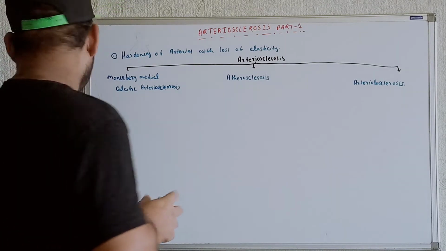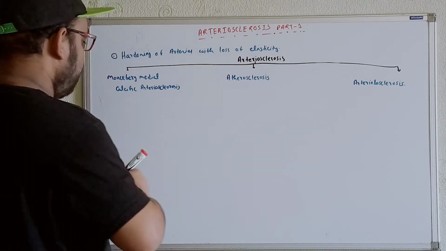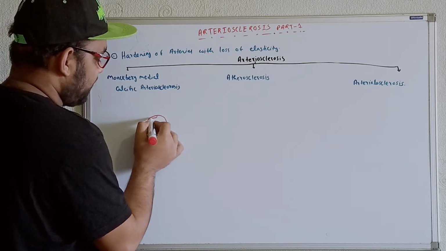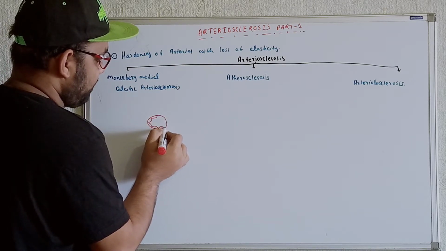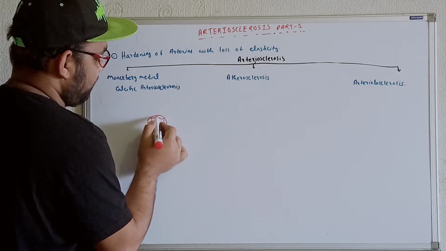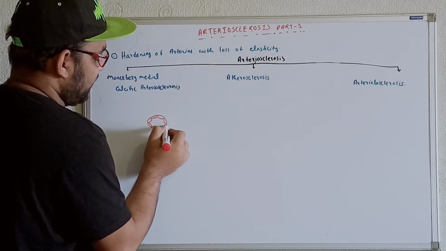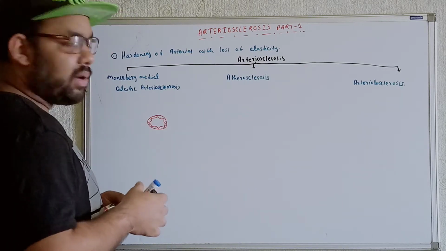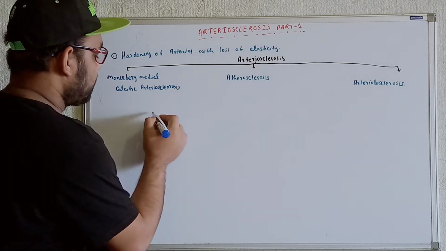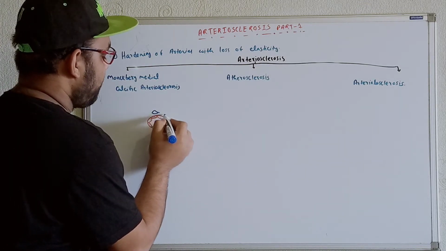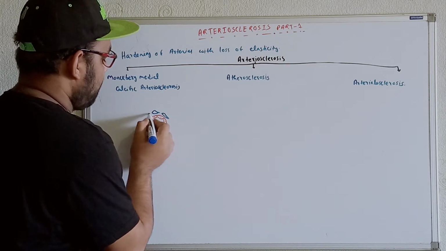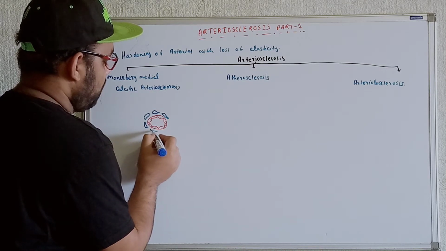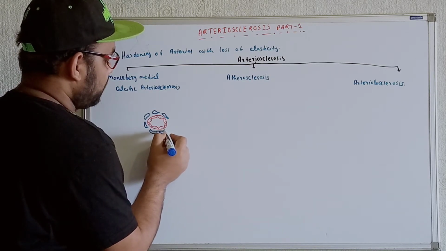Now we will go first to Monckeberg medial calcific arteriosclerosis. In this case, if we draw the blood vessel layers, as we know, from the inner structures we get the tunica intima, with the endothelial cellular layer. After that, we get the smooth muscle cellular layers.